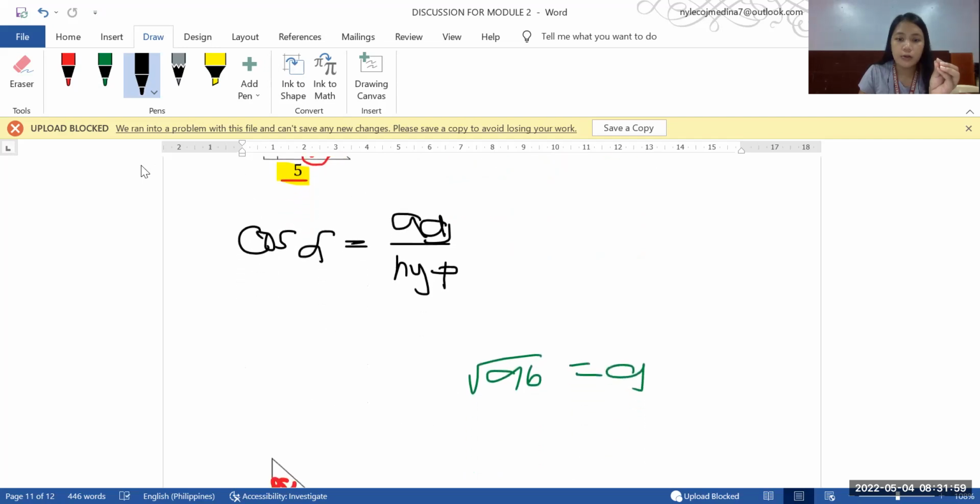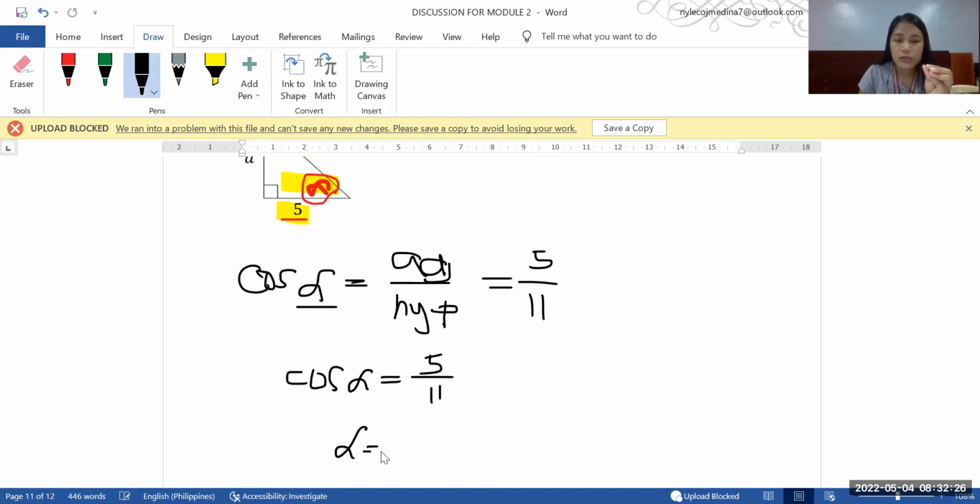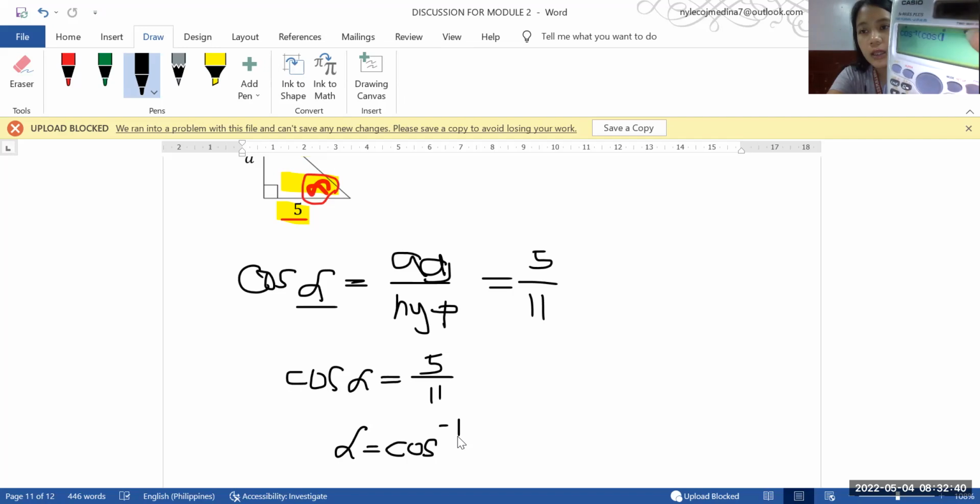So, substitute. Cosine alpha, adjacent is 5 and hypotenuse is 11. To find the value of alpha, since cosine alpha is equal to 5 over 11, instead of cosine we use cosine raised to negative 1 of the value 5 over 11.